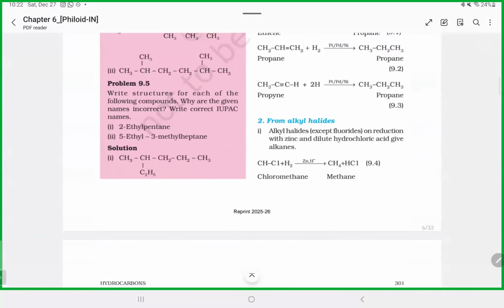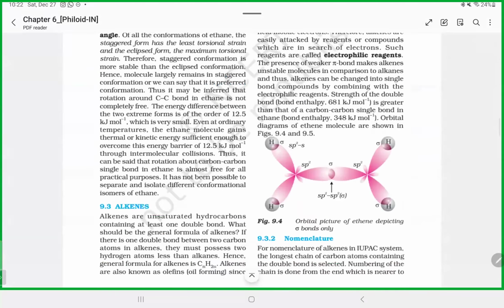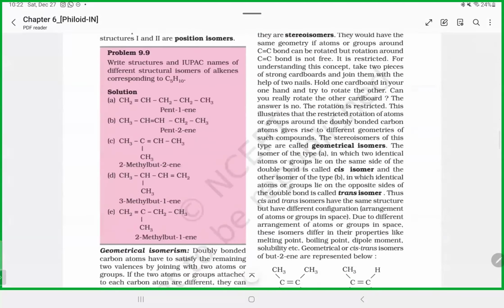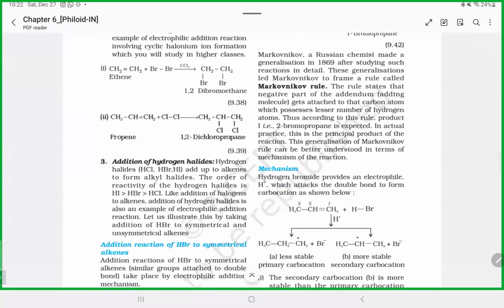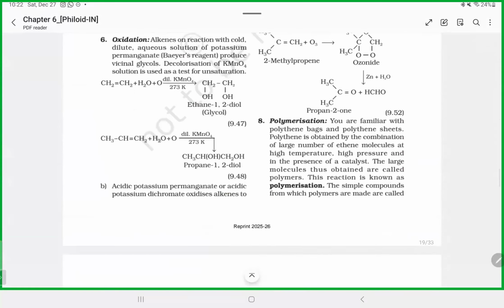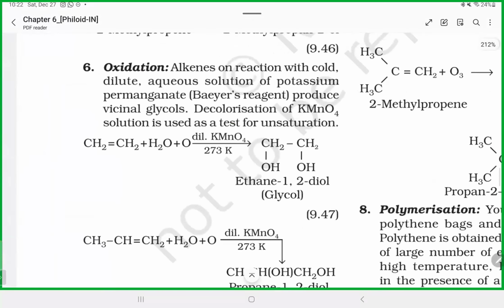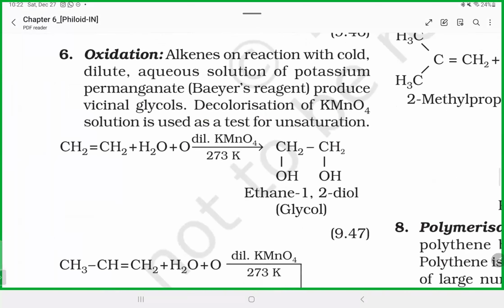That's why in organic, every reaction is so correlated that you can't do one thing at a time, and they can give any reaction at any point. Alkene on reaction with cold dilute aqueous solution of KMnO₄, Bayer's reagent, produces vicinal glycol.